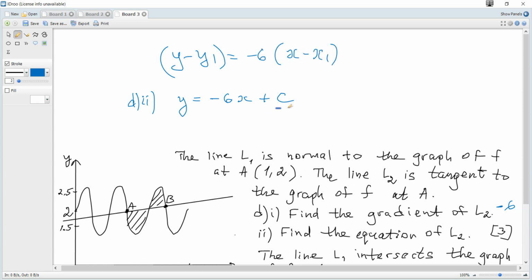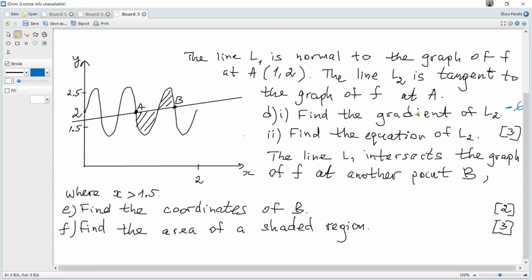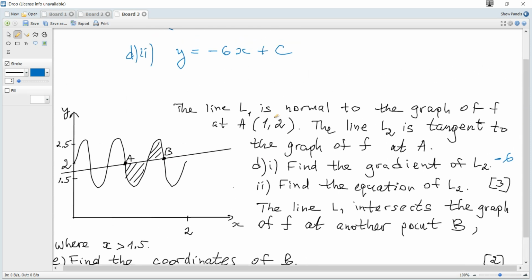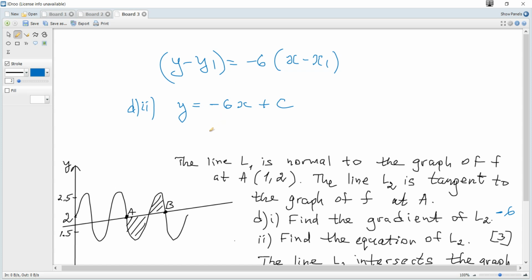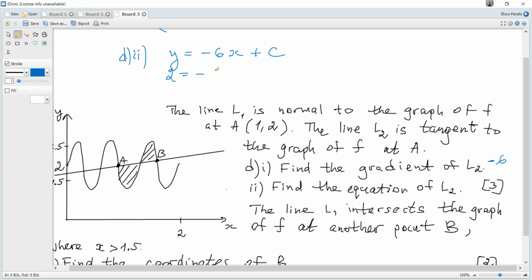To find c, you need any point on this line L2, and the known point is A. Substituting 1 for x, 2 for y, we get 2 is negative 6 times 1 plus c, so c is 8, hence the required equation of L2 is y is negative 6x plus 8.